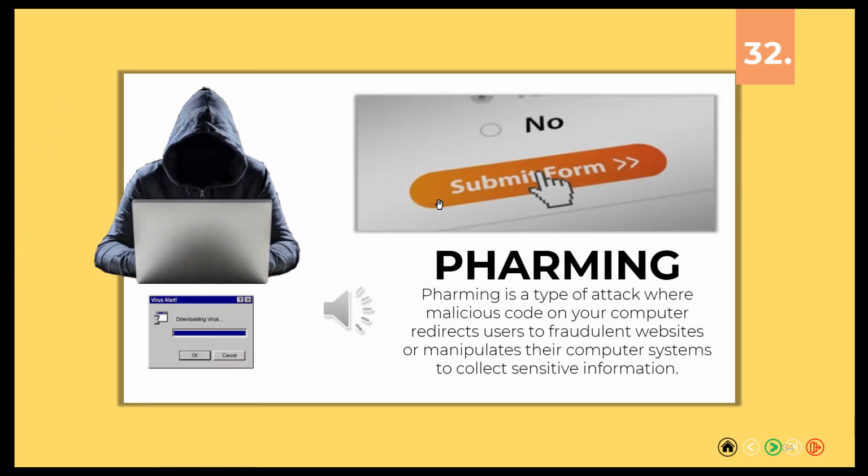So in this section we're going to talk about another type of phishing attack which is known as pharming. Pharming is a type of attack where malicious code on your computer redirects users to fraudulent websites or manipulates their computer system to collect sensitive information. You may ask, how does this type of attack happen?